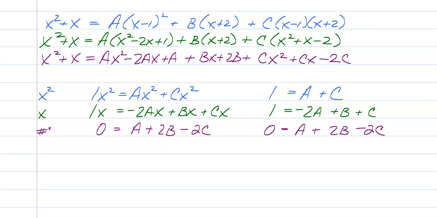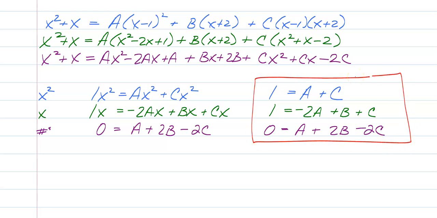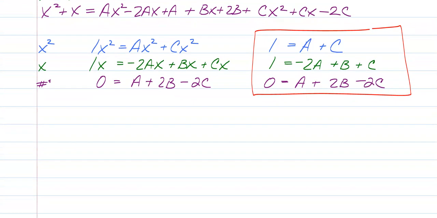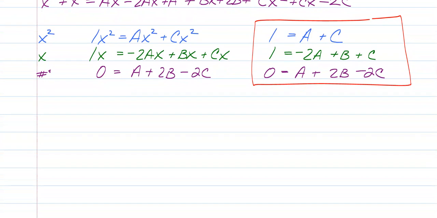From this set right here, we are going to write our augmented matrix. Remember, that's the one where we have our a, b, and c, then the vertical line, and then we finish with our constants. So our augmented matrix is going to look like this.